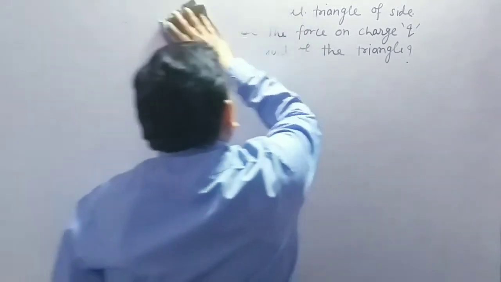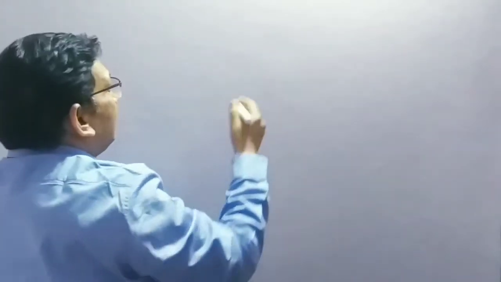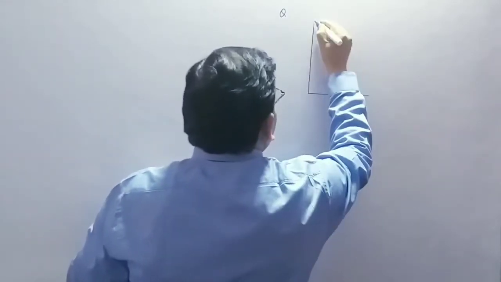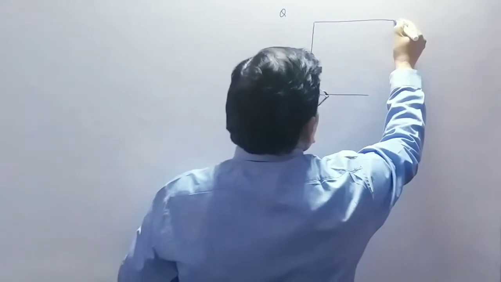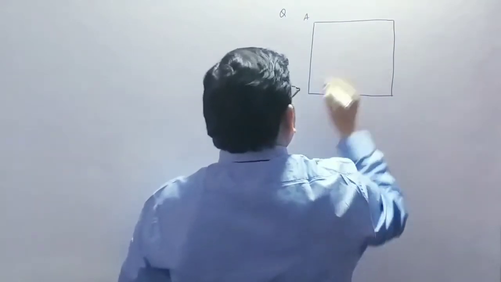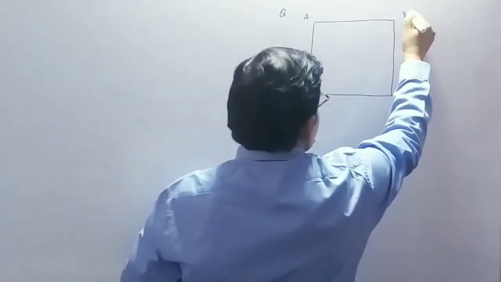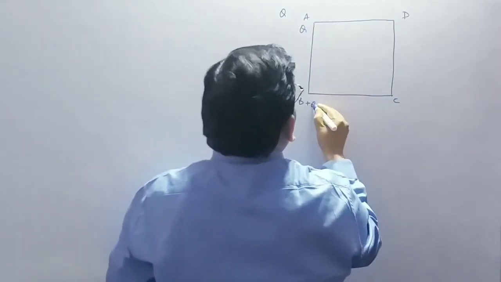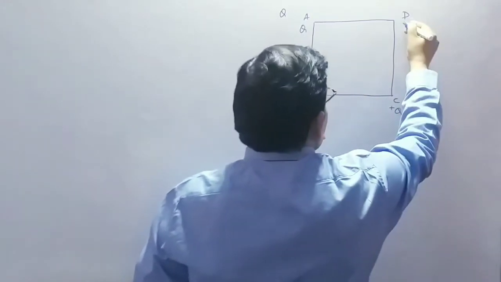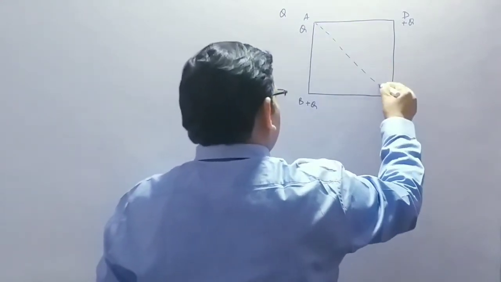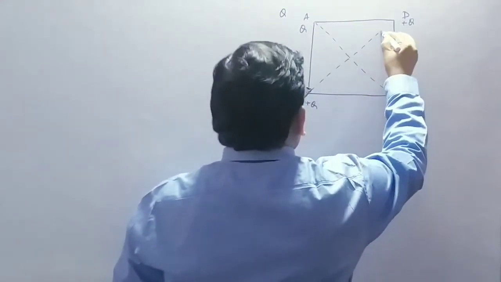So now solving with the square, the question is: consider a square, each side a, with corners A, B, C, D. Let the magnitude of each charge be plus Q, plus Q, plus Q, plus Q. Now take a fifth charge, small q, at O here.